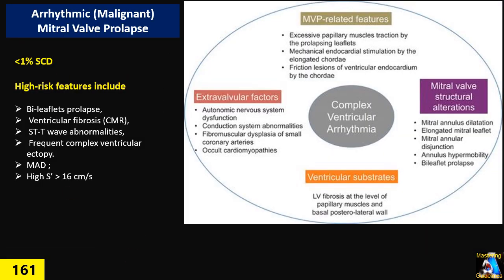The incidence of sudden cardiac death or cardiac arrest among mitral valve prolapse patients is less than 1%. Among those patients, the mechanism is most of the time thought to be ventricular arrhythmia, ventricular tachycardia, or ventricular fibrillation.